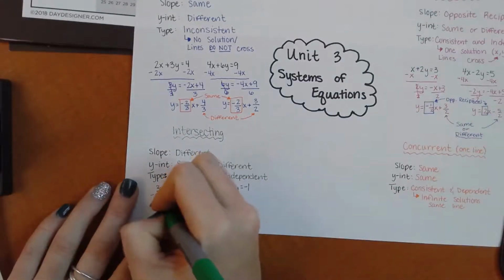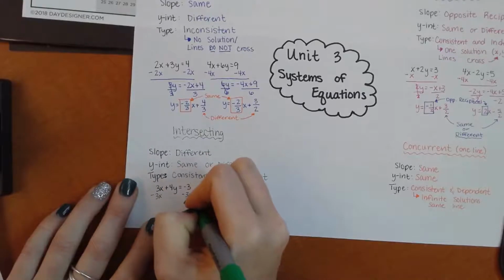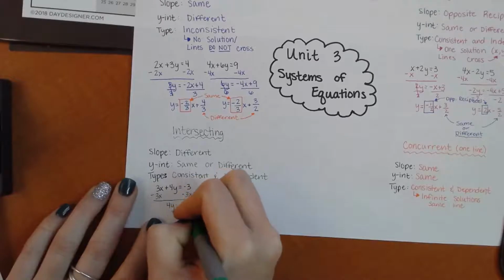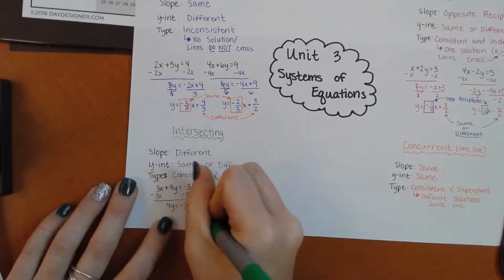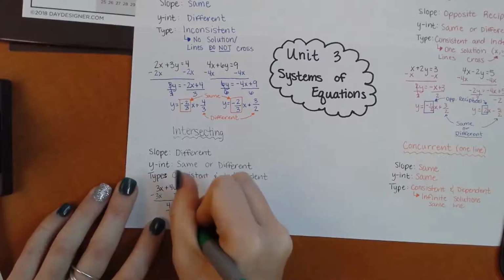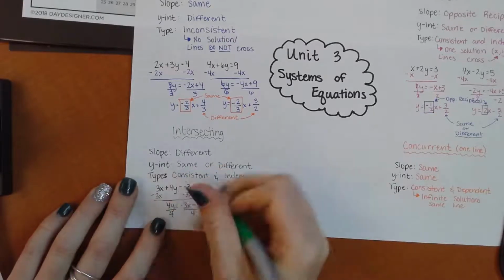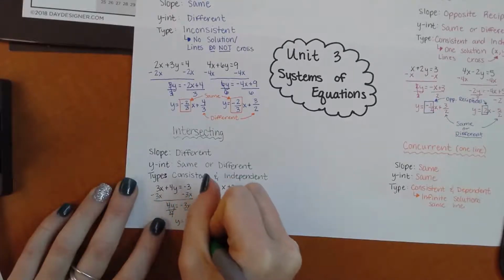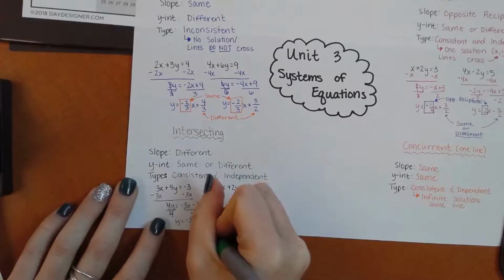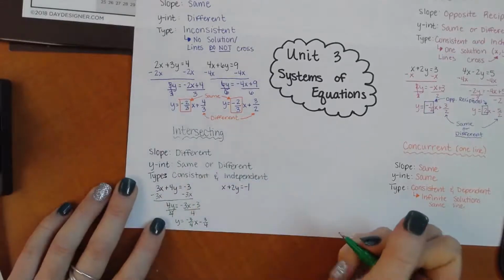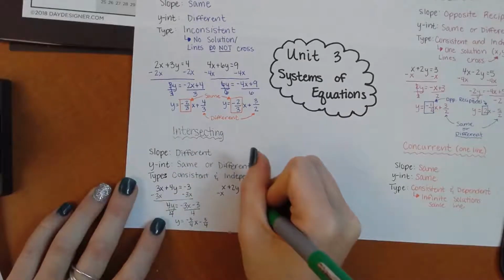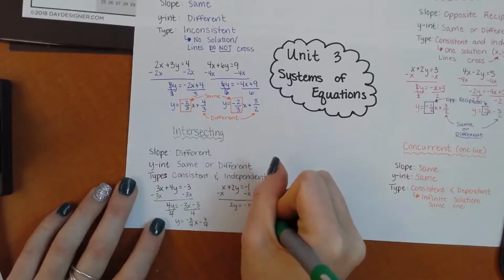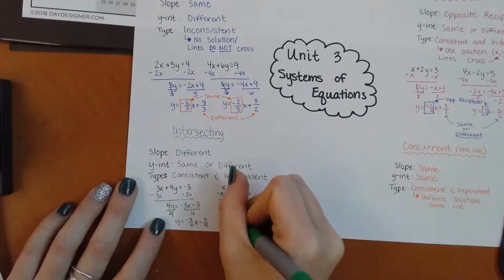So I'm going to start by subtracting 3x and divide both sides by 4. I'm going to do the same thing over here, so I'm going to subtract x and then divide by 2.